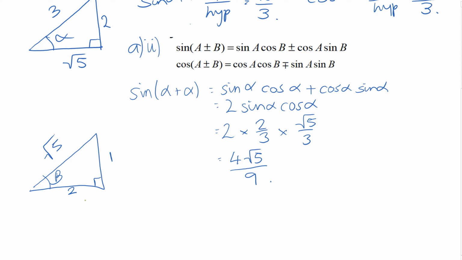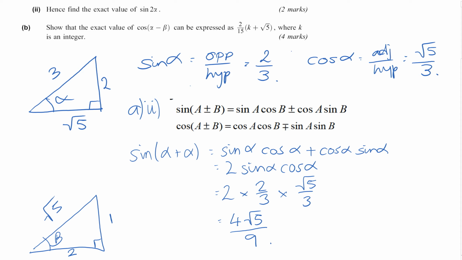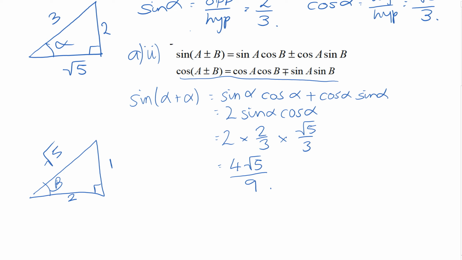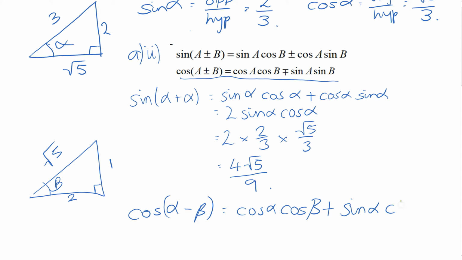So now, looking at what we're doing, we are trying to find cos of alpha minus beta. So using the second double angle formula now, cos of alpha minus beta. So that's going to be cos of alpha, cos of beta. Because it's minus, it's the other second one, which is a positive, sine of alpha sine of beta.